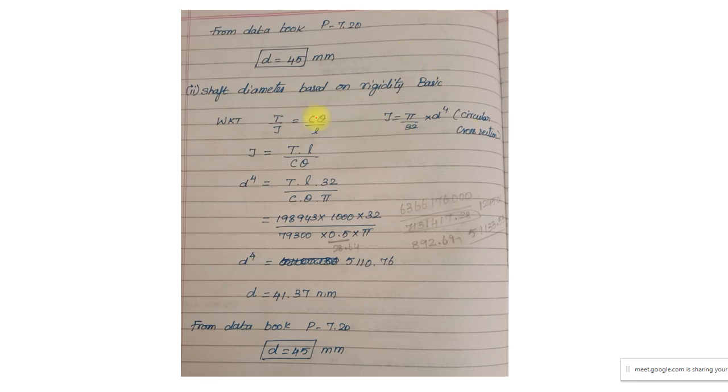But one difference we have is the shaft diameter based on rigidity. As I told earlier, the formula would be T by J is equal to C theta by L. Be very clear that theta should be in degrees. That is very important. For example, imagine the theta value is given in radian. Can anyone say how we need to convert the angle from radian to degree?